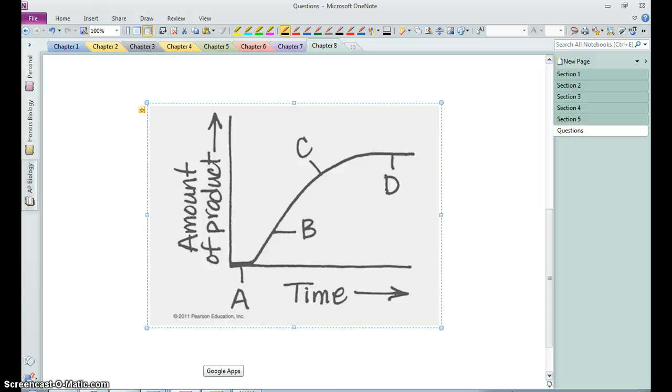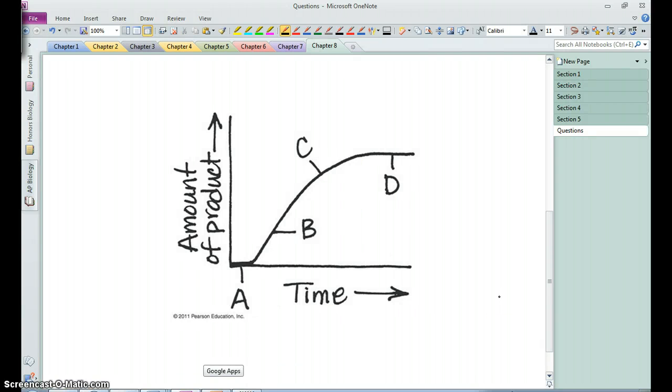So the question to you is, at what point in this reaction is the production of product occurring at the fastest rate? And on the other hand, at which point or points is production essentially slowed down or stopped? Okay, we'll talk about it in class.